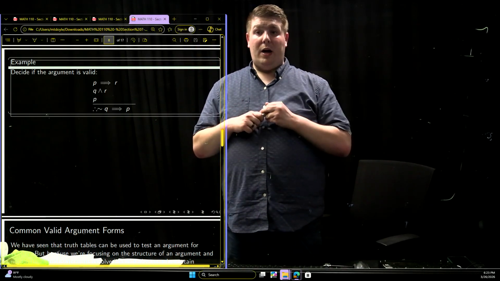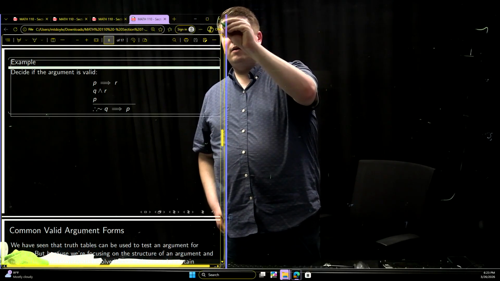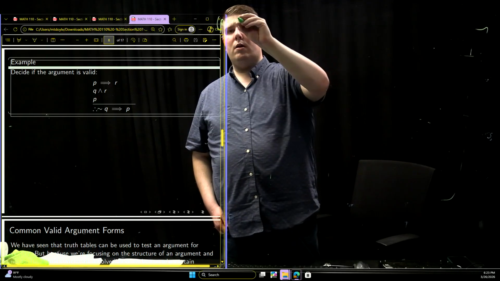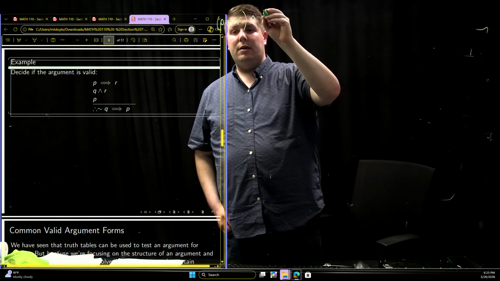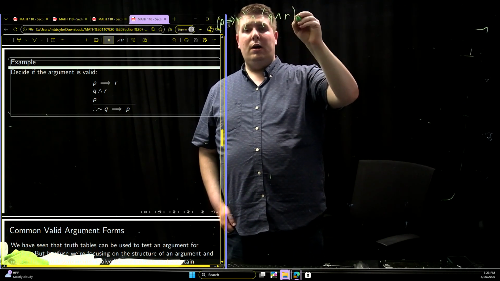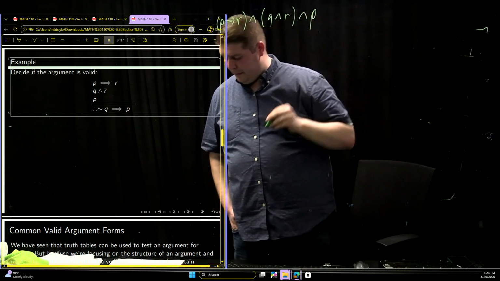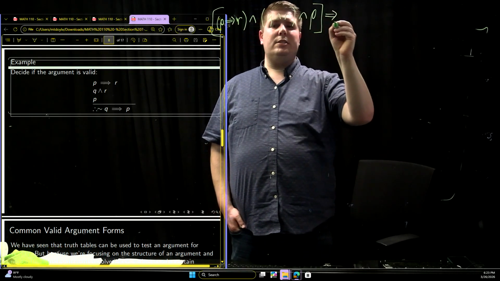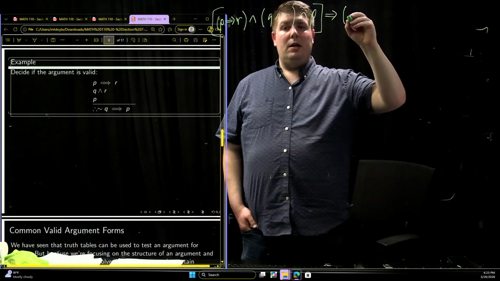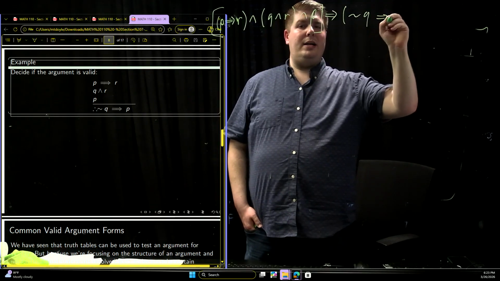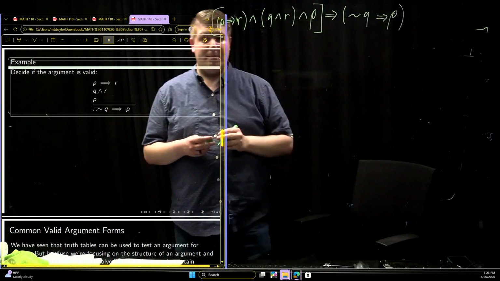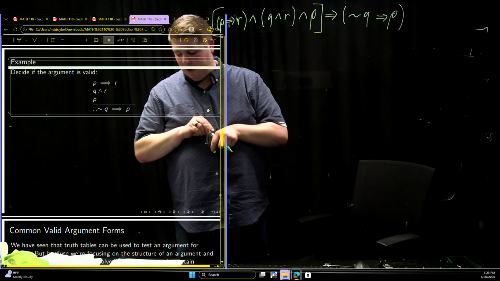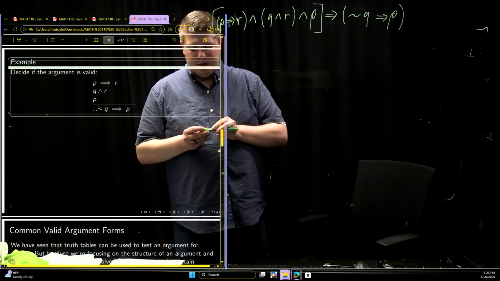So really what we're trying to do is say, P implies R, and Q and R and P, all of that implies not Q implies P. That's the truth table we're building. It's a big one, but you all can handle it. You're smart. Okay, so let's do this together.